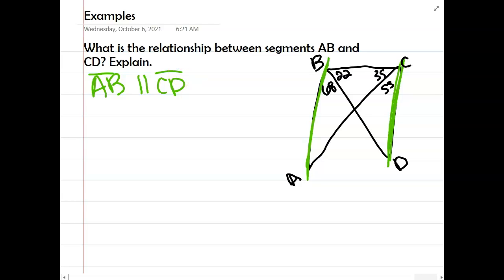Great. I've got to be able to back this up with reasoning, a theorem, or a postulate. If these are parallel, there might be one of the theorems we talked about today that talks about parallel lines. What do you think?